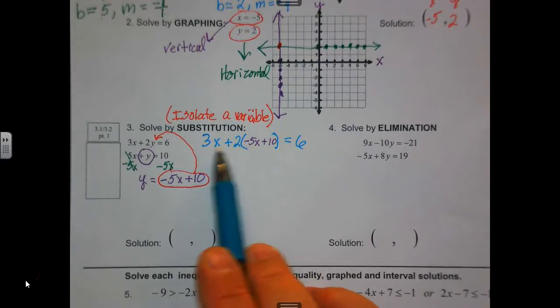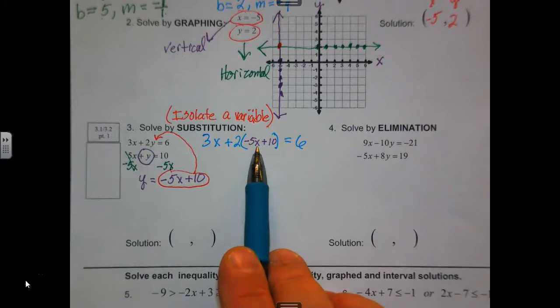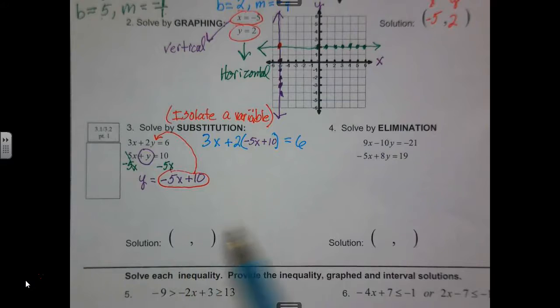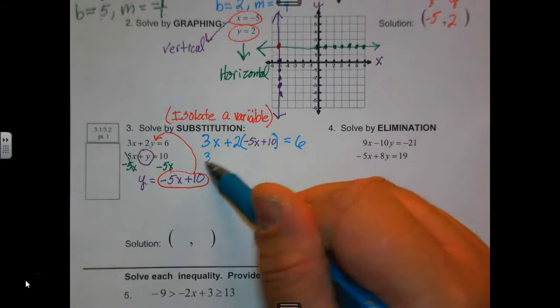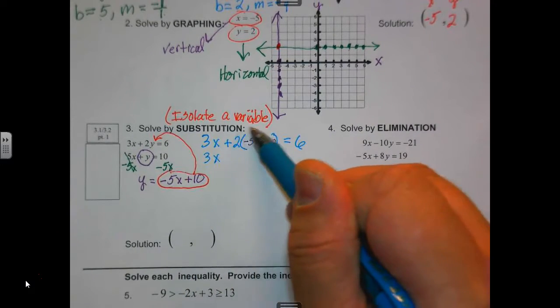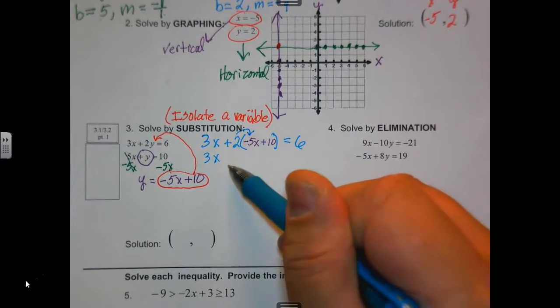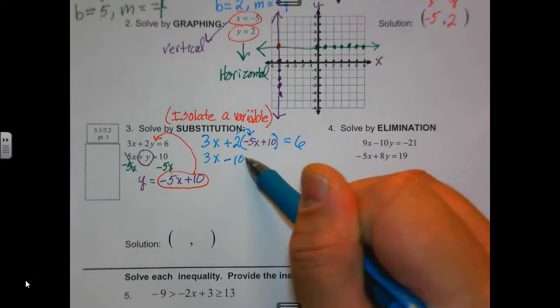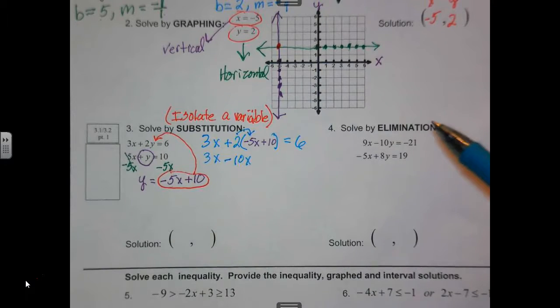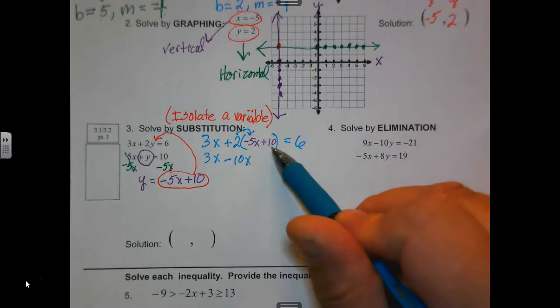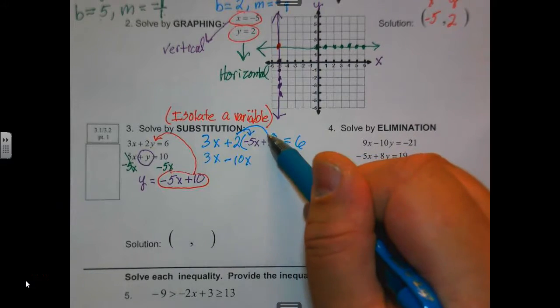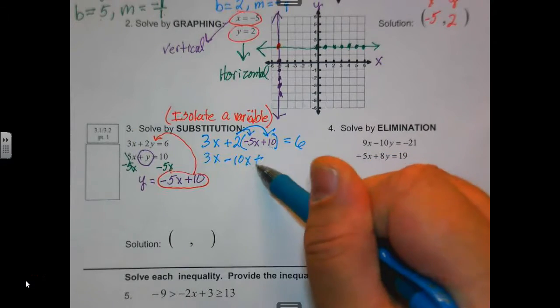It makes this one variable so it's easier for me to solve. Okay, so I got 3x. And you're right, I need to distribute 2 times -5x is -10x. You guys are still making mistakes with the second term in here, you have to multiply the positive 2 times 10.